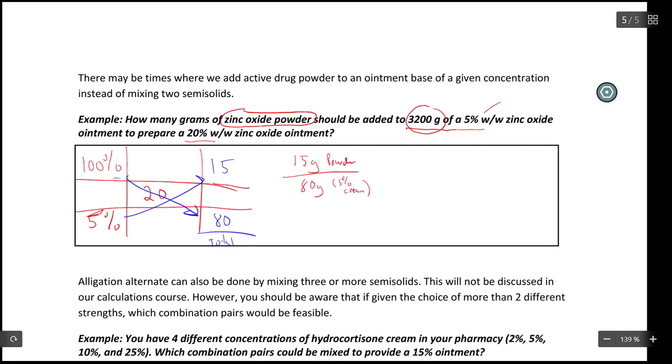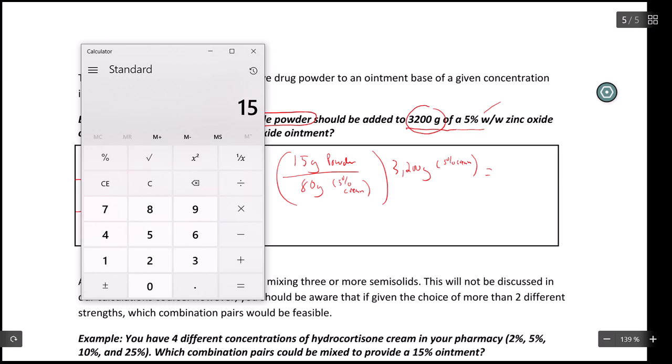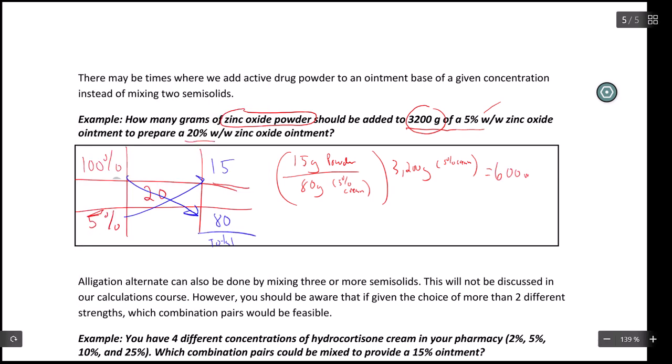Well, if we have 3,200 grams of that 5% cream, there's 15 grams of powder every time we have 80 of the cream. We've got 3,200 grams of the cream. We need 600 grams of the zinc oxide powder. So if we mixed 600 grams of the zinc oxide powder in that 3,200 grams of the 5%, we would get our final 20% concentration.